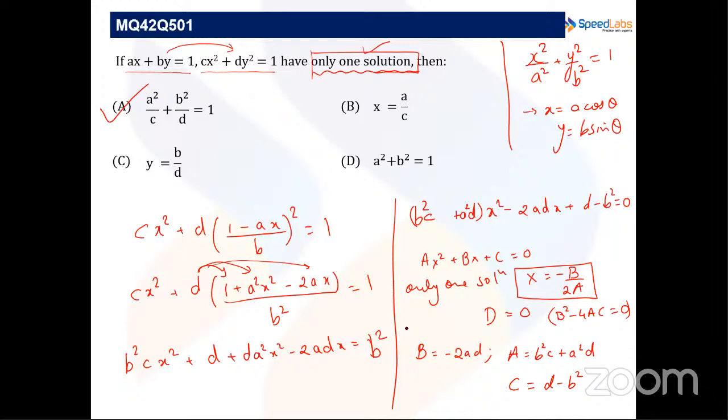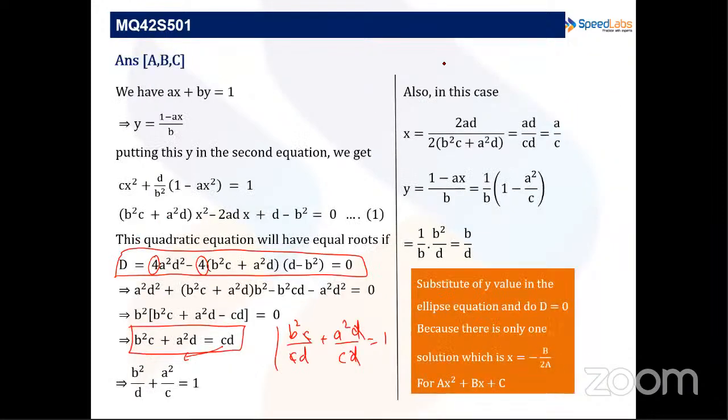Let's move to see other options. The value of x, we have already seen, x will be equal to minus b upon 2a. In place of b we have minus 2ad, so it will be minus of minus 2ad upon 2 times (b square c plus a square d).